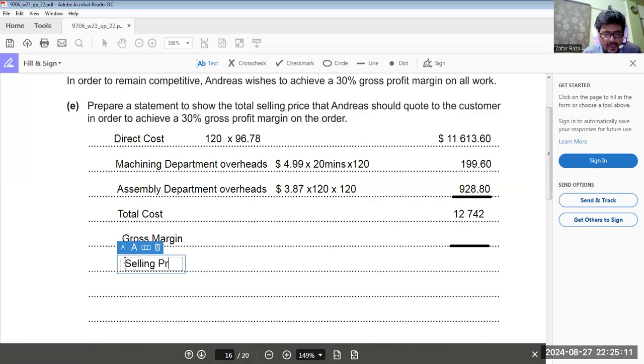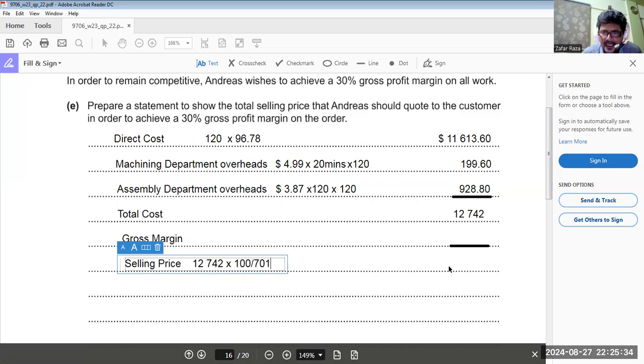How to calculate selling price? 12,742 multiplied by 100 divided by 70. If 30% is margin, it means that whatever the cost is, it is 70%. So how to calculate 100% out of 70%? 12,742 multiplied by 100 divided by 70.